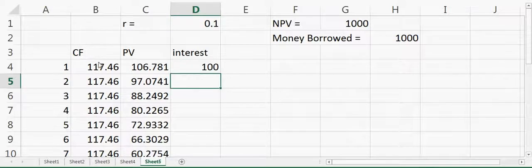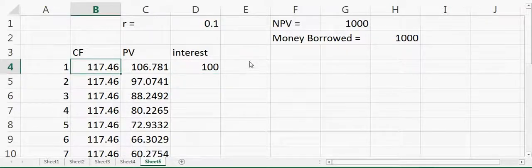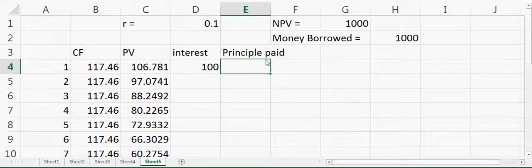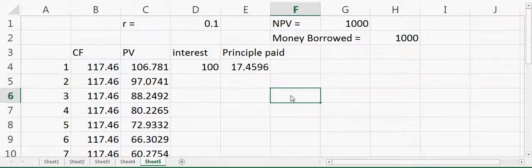So principal paid will be equal to cash flow minus the interest payment. That is equal to $17.46. So he only paid a principal of $17.4596. What will happen next year?